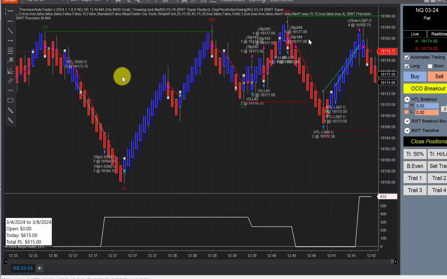On this chart, I'm trading 2 contracts, and it has a $600 goal. There were a couple of losers right here, as you can see in the equity curve, and then there was a single trade. This drawdown brought me back to zero, but this single trade was well placed and hit its goal just on that one trade, in spite of what happened here.